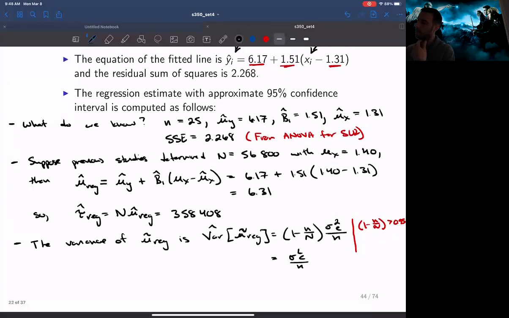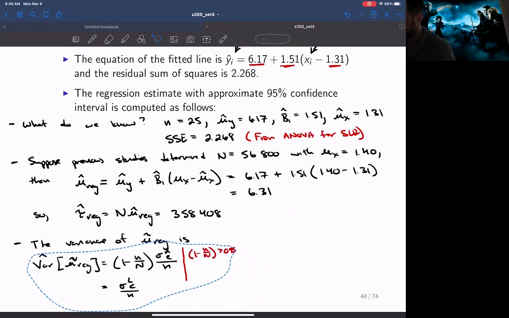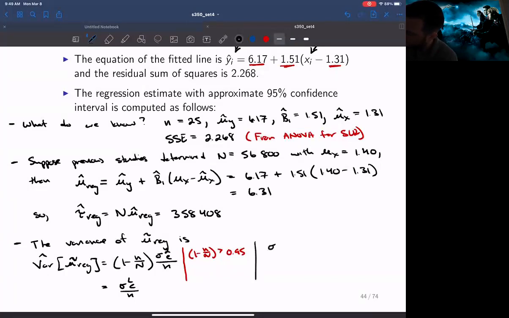And then what we can also show, here, I'll just move this down so I have a little bit more room. Okay, so what we can also show is sigma squared E is equal to the MSE.